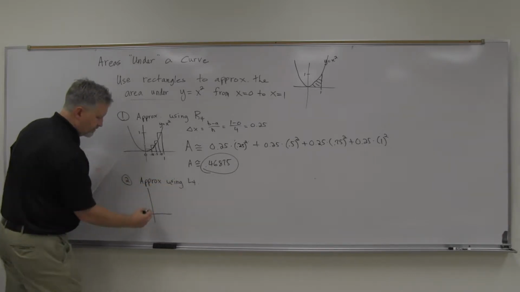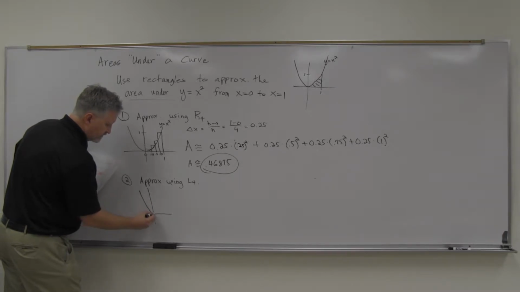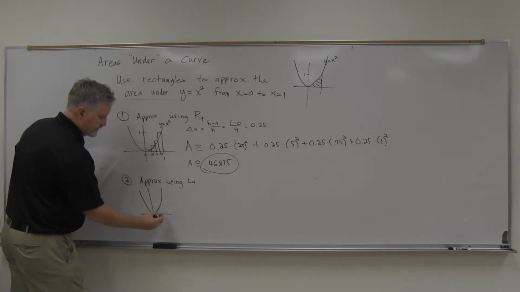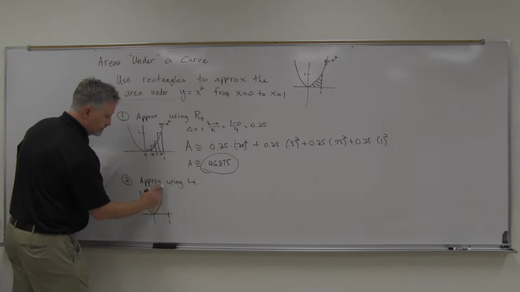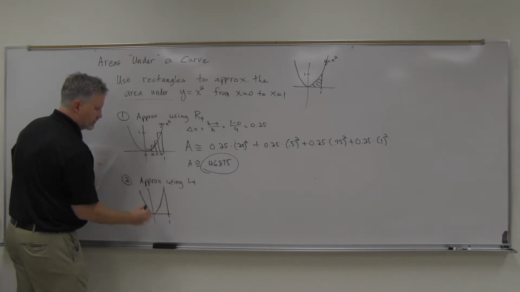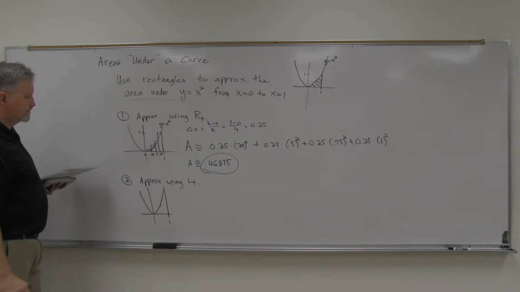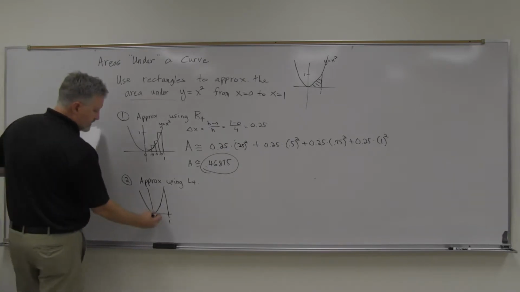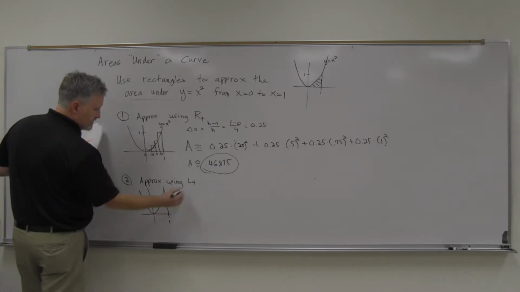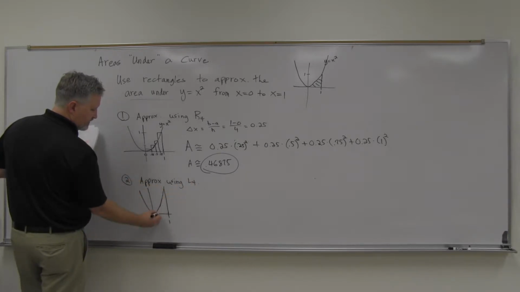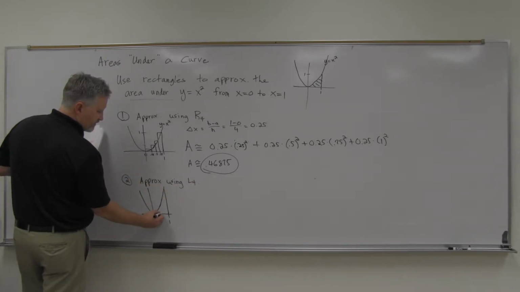And so I'd go up using different heights for each rectangle. It's still 4, so I'd still have 0.25, 0.5, 0.75, and then 1. I'd still use those same values.